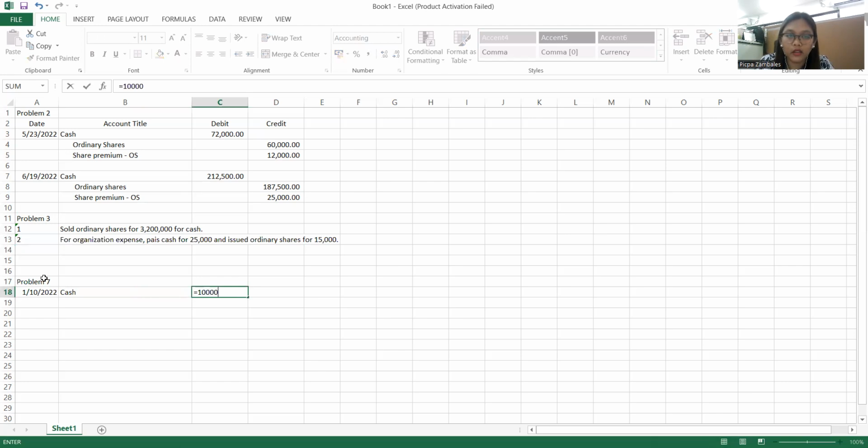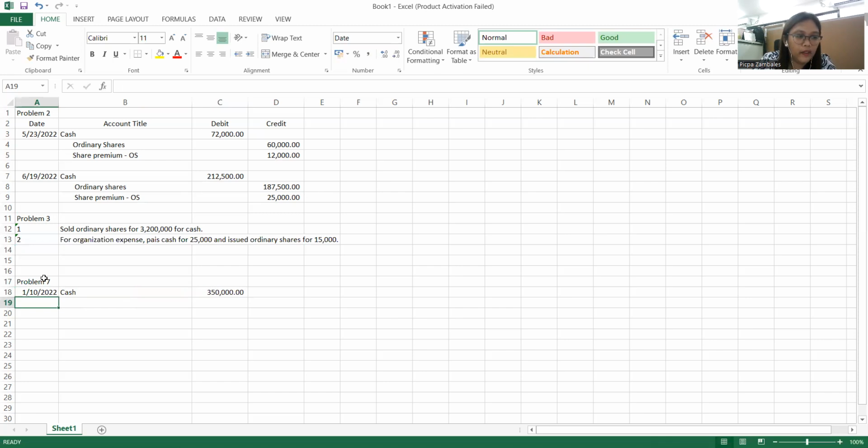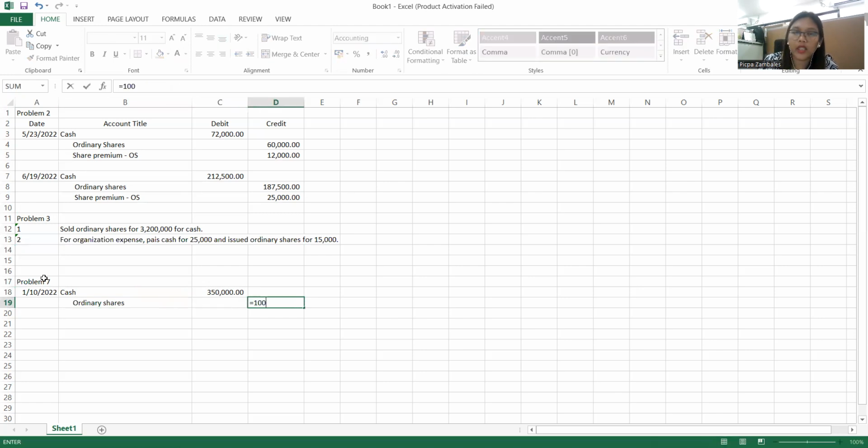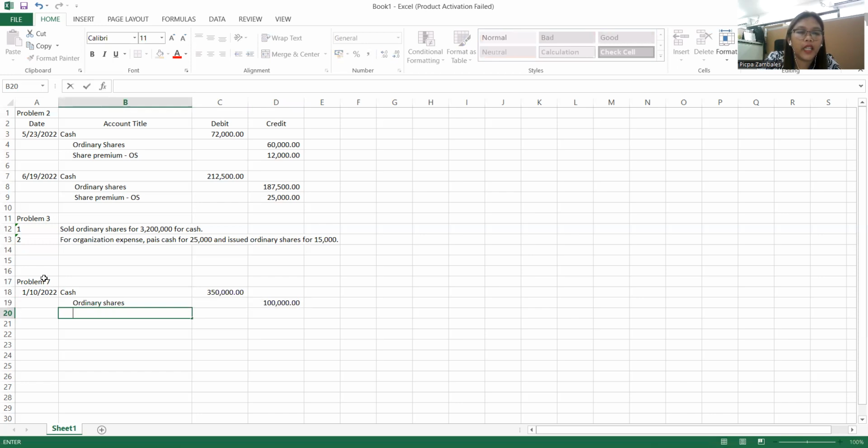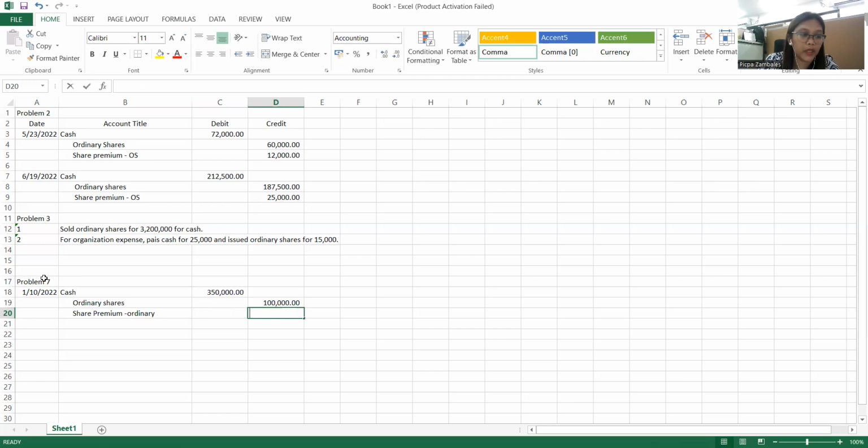It's 10,000 times 35 pesos, so that's 350,000. And of course, we have to record the ordinary shares issued. That's 10,000 times the stated value of 10 pesos per share, which is 100,000. And again, any excess of that will be recorded as share premium, ordinary. Okay, the excess will be 250,000.